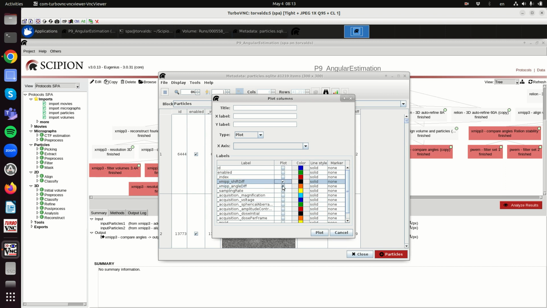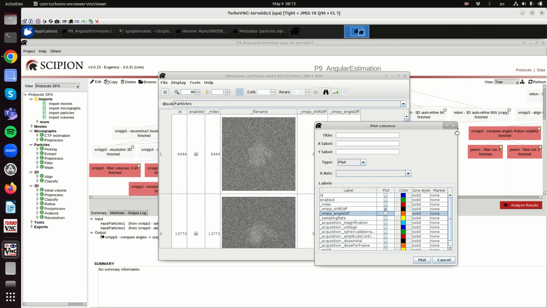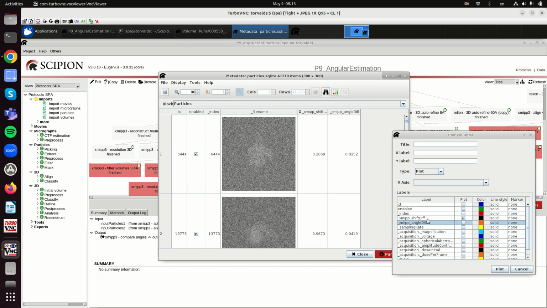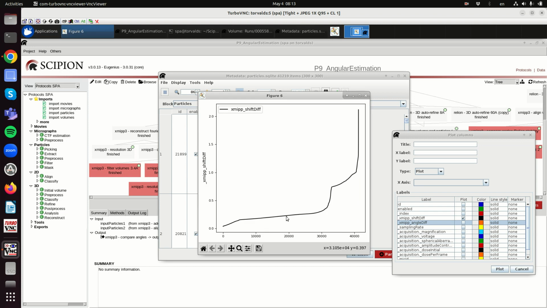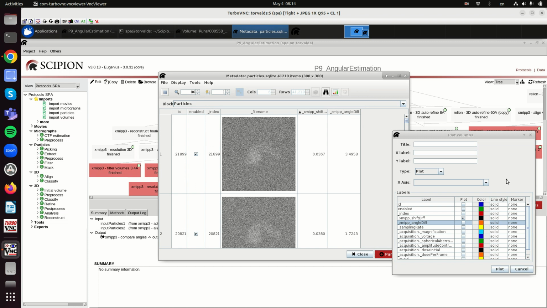We can also, for instance, sort by the shift difference, and in the shift difference we see the same kind of pattern. Small errors for many particles, and then bigger mistakes for the others. And again, this is just blurring. So we have a fraction of the particles contributing very little blurring, and another fraction contributing much larger blurring.